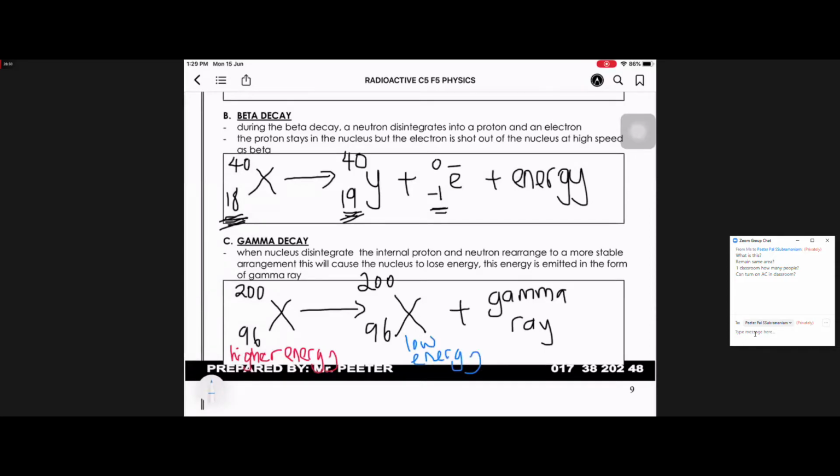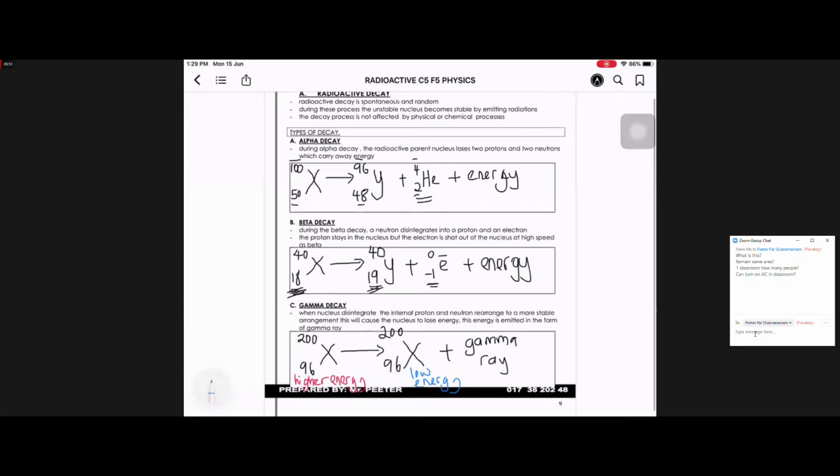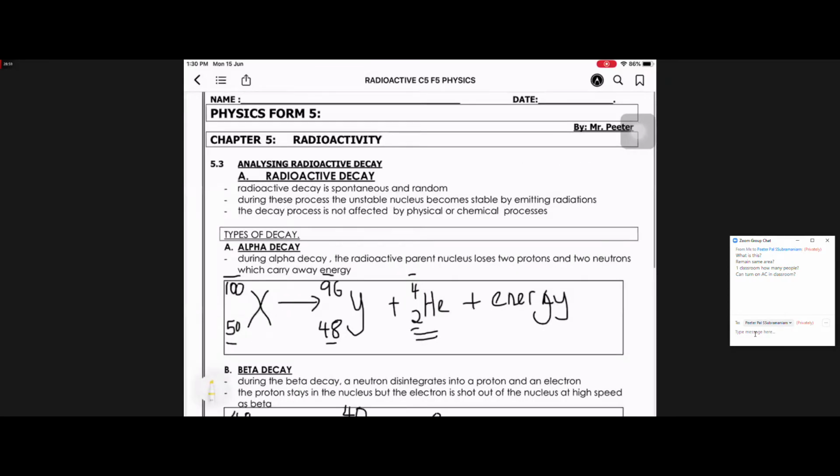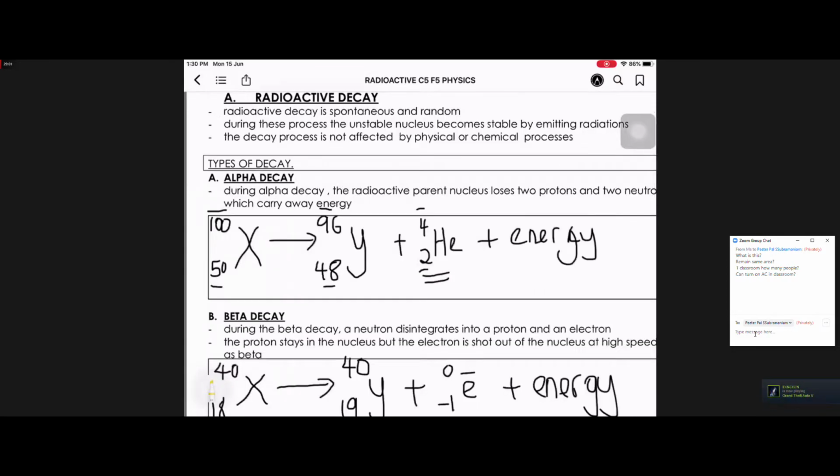So I repeat again, whenever there is an alpha decay, you just look at the nucleon number. The nucleon number will decrease by 4 if one alpha is coming out. The proton number will decrease by 2 if one alpha is coming out. And for sure, they will release energy. And then look at the beta decay.